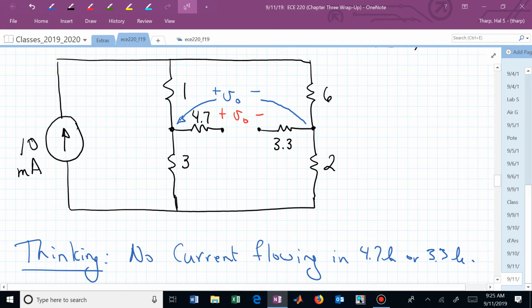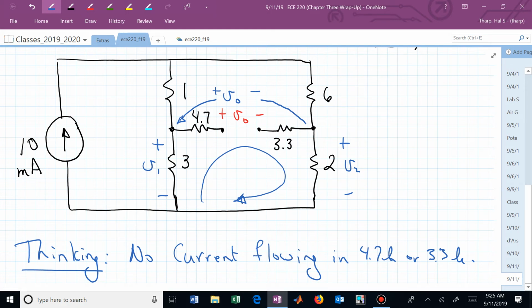If it's not balanced, we need to calculate it because there are a lot of different ways we could calculate it, but if we said something like this is now V1 and this is V sub 2, we could now write a KVL keeping track of V sub 0. If V1 is something and V2 is something, then we know we can calculate V sub 0. If it's balanced, we know V1 and V2 are the same.